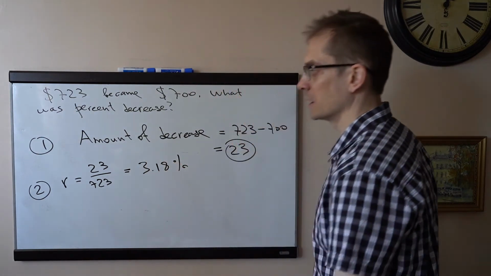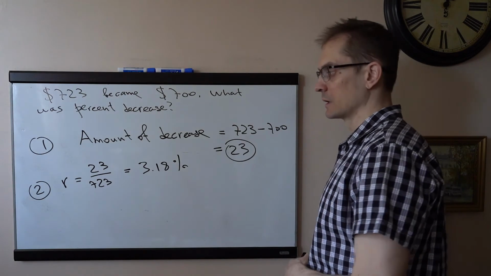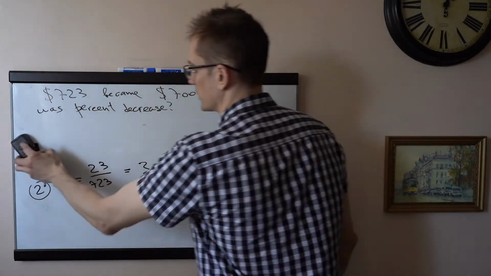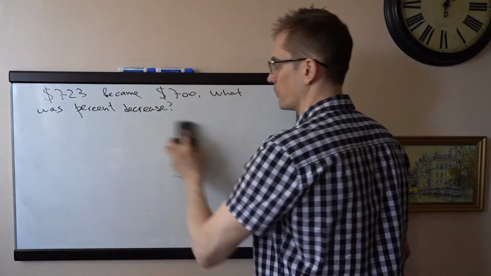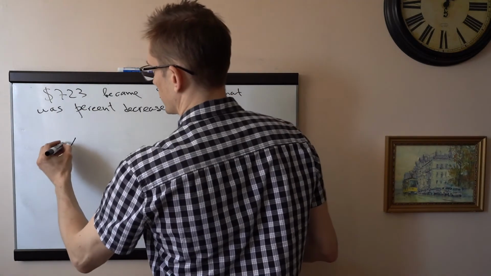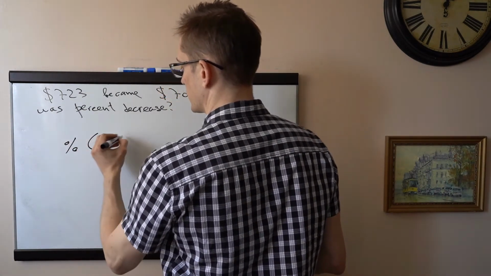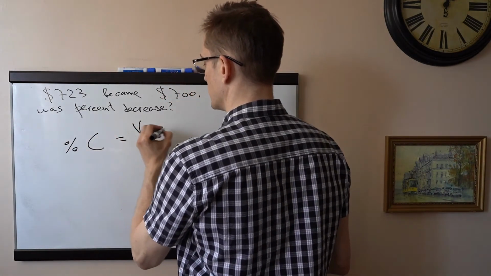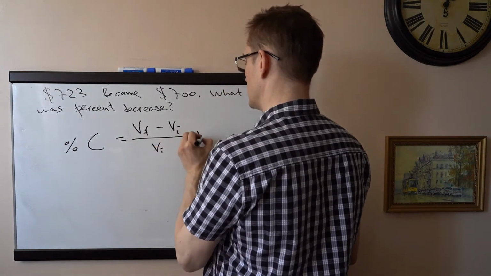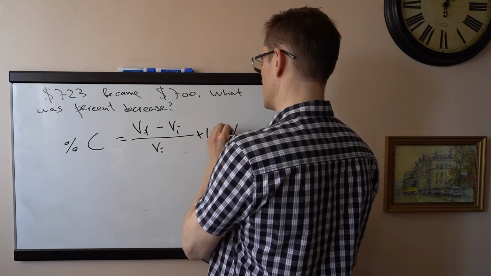And that's percent decrease. Now there is another way to solve this problem, and that will be simply using the formula. Well, you remember the formula that I gave earlier? It's percent change is VF minus VI divided by VI times 100%.